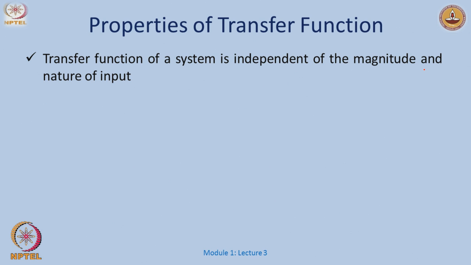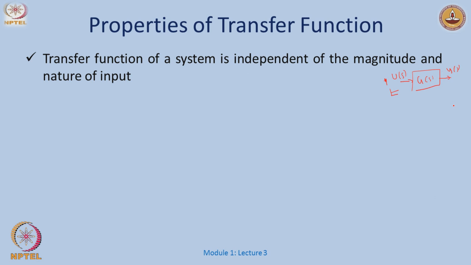For example, if I take any system with a transfer function G(s), and I measure a certain output with a certain input U(s). If this U(s) is, say, an impulse, I will have a certain output, could be whatever, right. The G(s) would be the same as when this is a step input with a corresponding output, right. It does not really depend on the choice of the input.